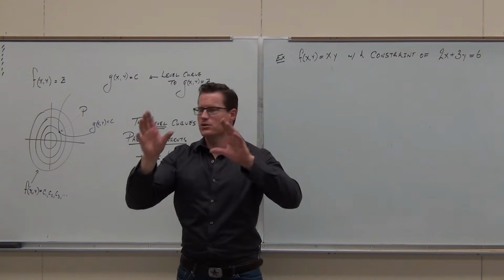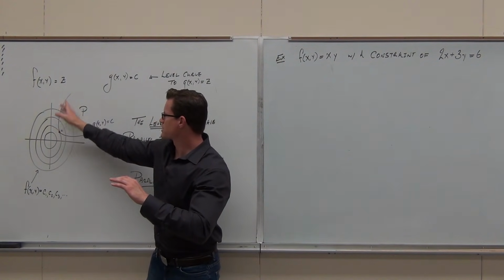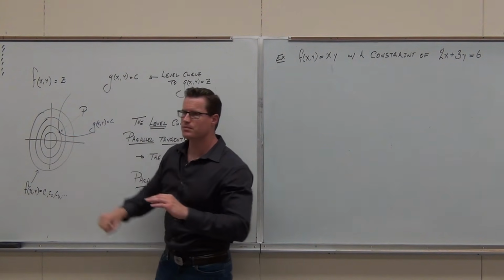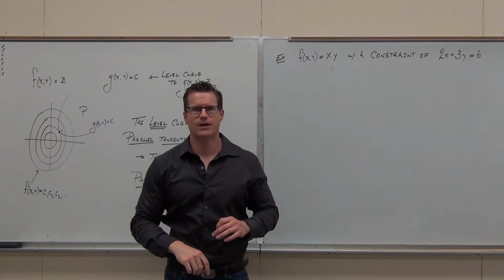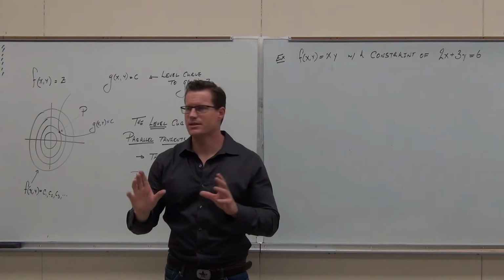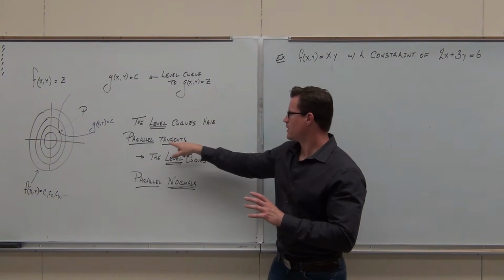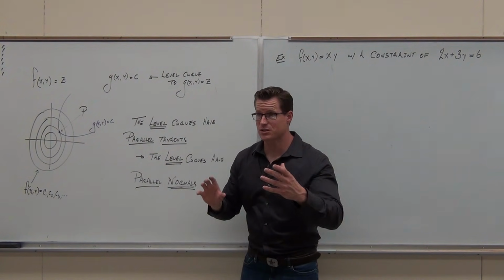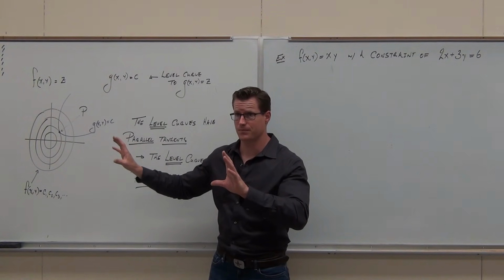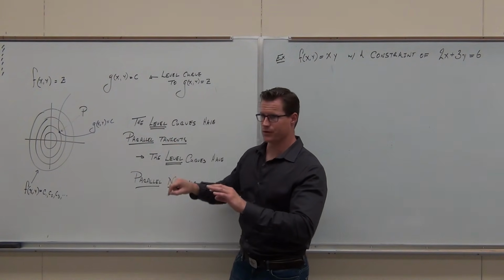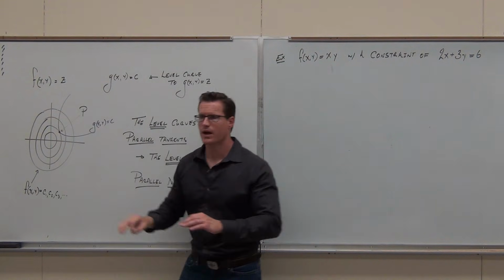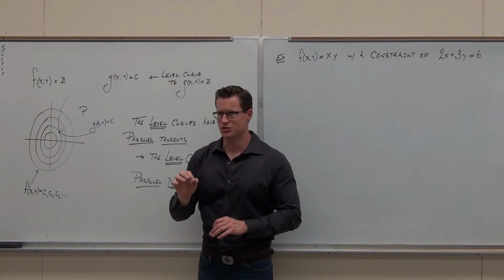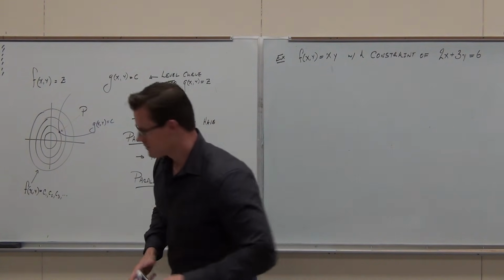If a function intersects another function at one point, they're said to have a common tangent, or at least their tangents are parallel. So let's put this into perspective here. Please listen carefully. The level curves have parallel tangents. Do you follow that? Okay.